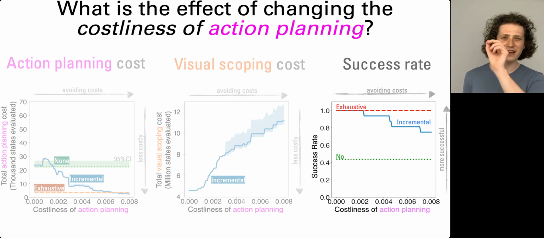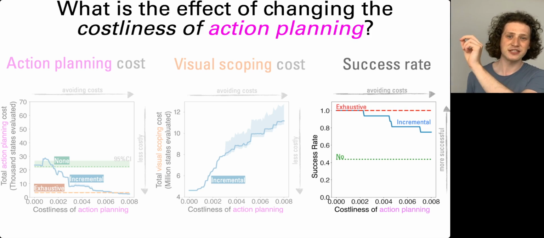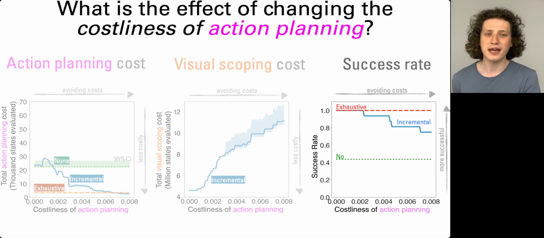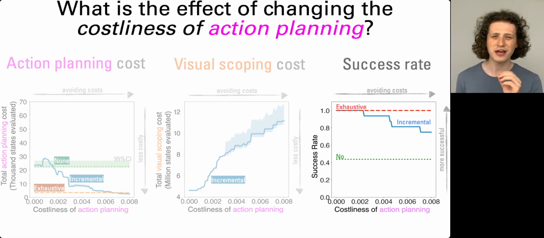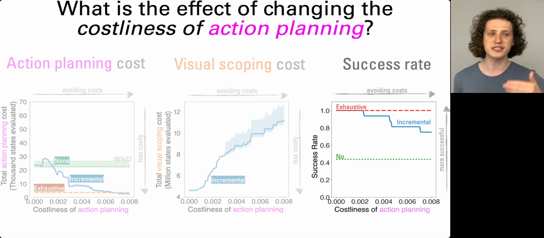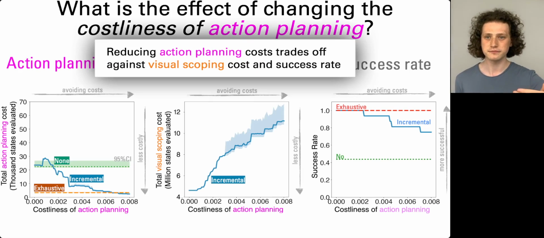But look at the left-hand side, where the costliness is low, but not 0. Here, the incremental visual scoping planner achieves a 100% success rate, the same as the exhaustive planner, but still at a fraction of the visual scoping cost. That means that on the task presented here, incremental scoping can achieve the success of the much more expensive exhaustive planner.